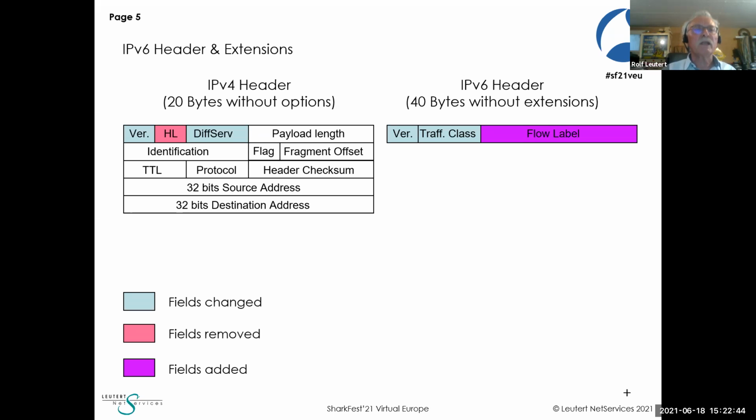The difference here is this flow label would be provided by the client, by the sender already. MPLS labels are provided by the edge, by the first edge router, and removed by the egress router. This would not be the case here.